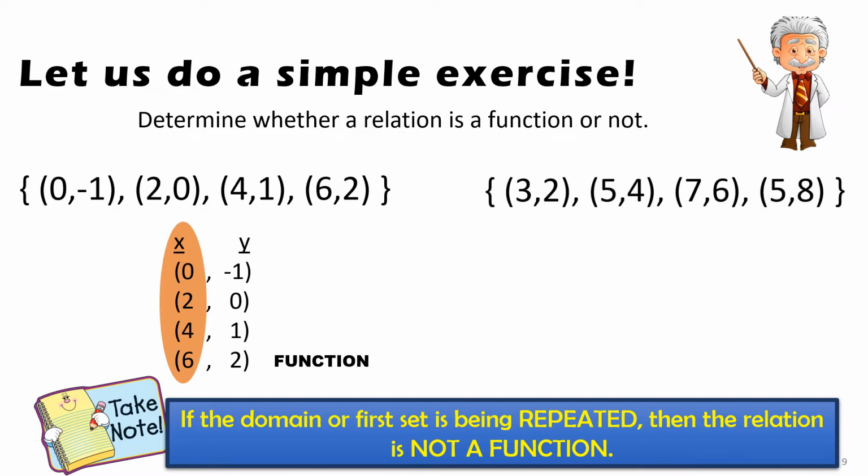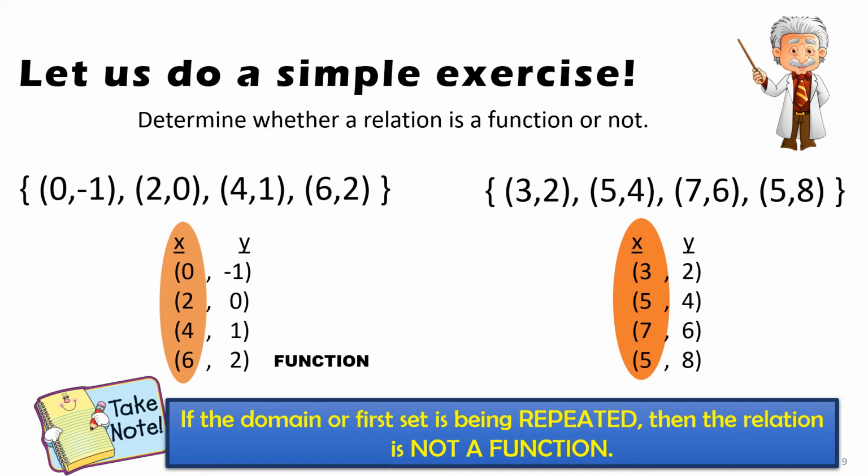Another example. Okay, so this is the given ordered pairs. Again, to easily identify, let us write it down vertically. Okay, and then let us check the x values. So observe the x values.